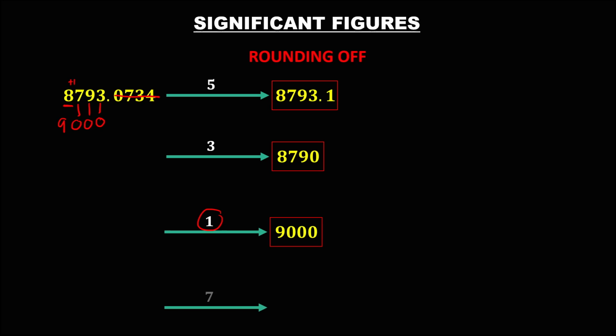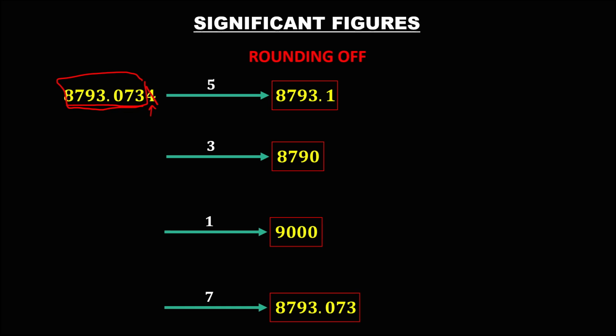And for this given, to 7 significant figures, these are the 7 significant figures. Again, we need to drop the decimal, since the next digit is 4, less than 5, so just copy these numbers. So this is equal to 8793.073.